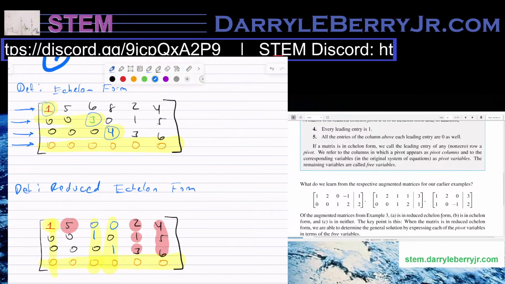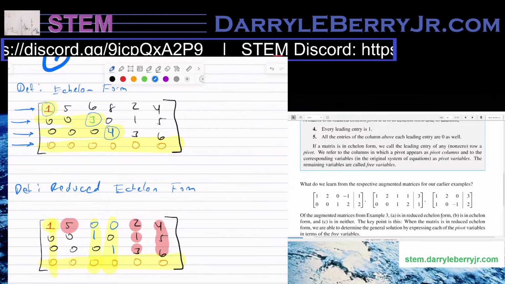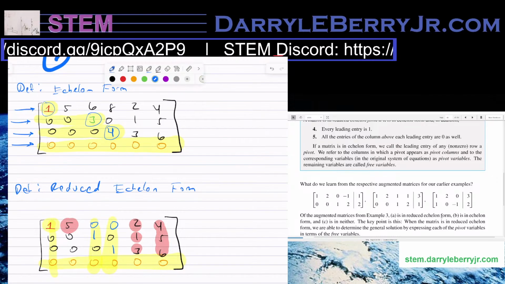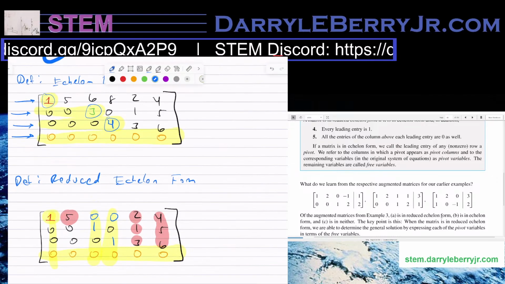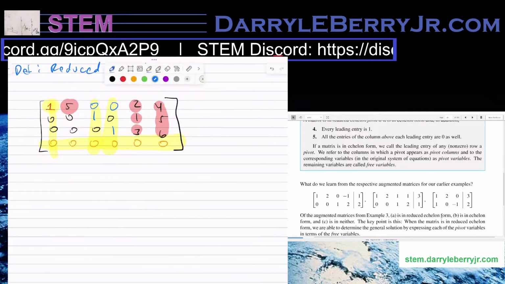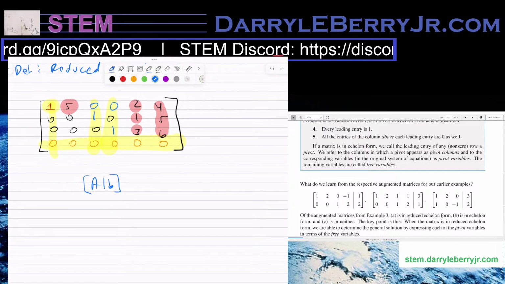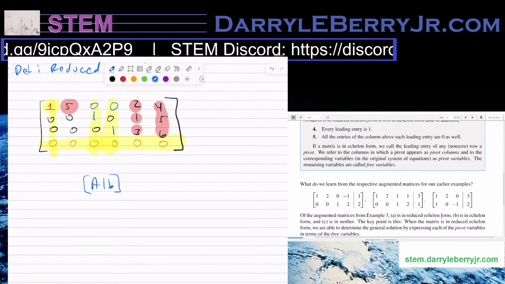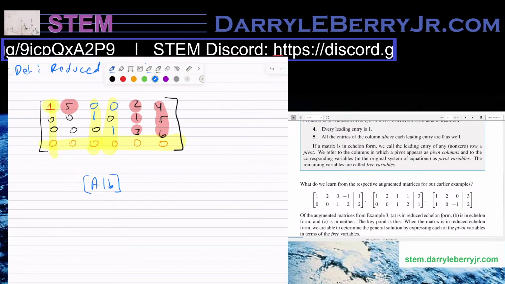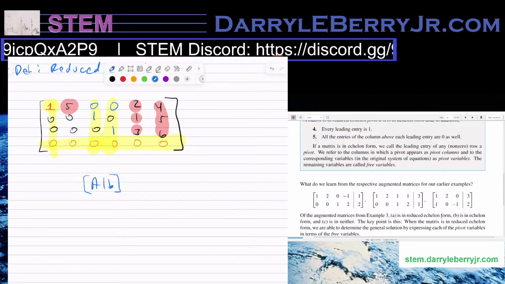Right? What do we learn from the respective augmented matrices of our early examples? The augmented matrix means you have A and B with a line in the middle of them. So this would be an augmented matrix, and there is a symbol for it. The augmented matrix from example 3, A, is in reduced echelon form. Okay, so you can have other numbers.